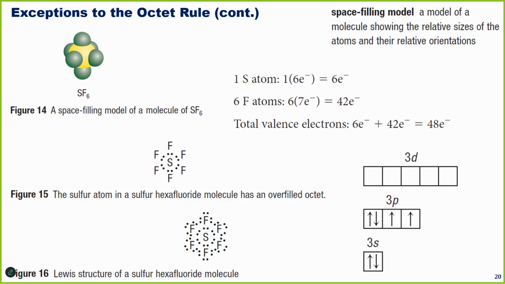The valence orbital diagram for a sulfur atom is as follows. The sulfur atom in a sulfur hexafluoride molecule can have 12 electrons in its valence shell by using the 3s, 3p together with the 3d orbitals, right? Do not forget there is a 3d orbital in the third period of elements.